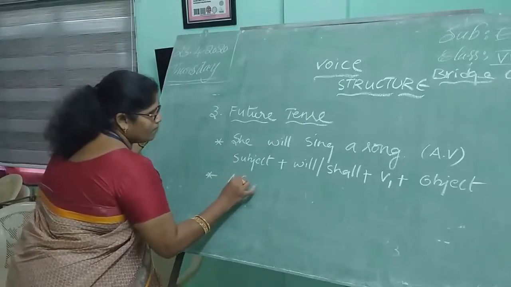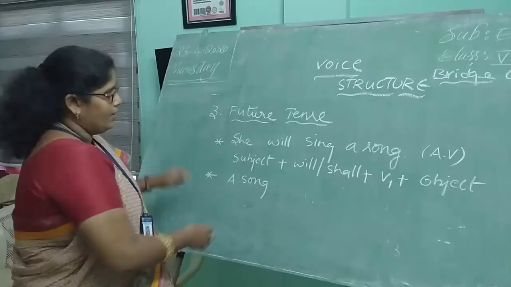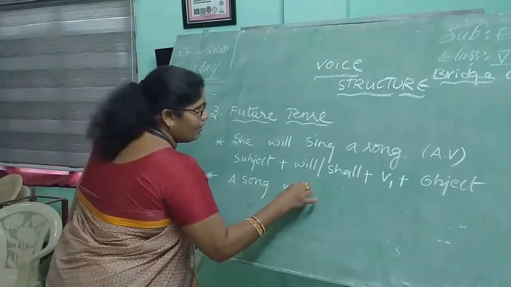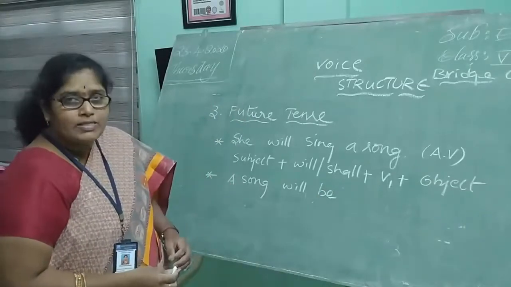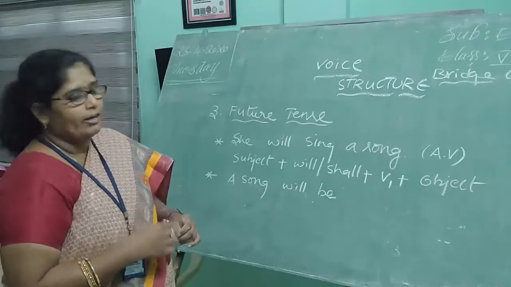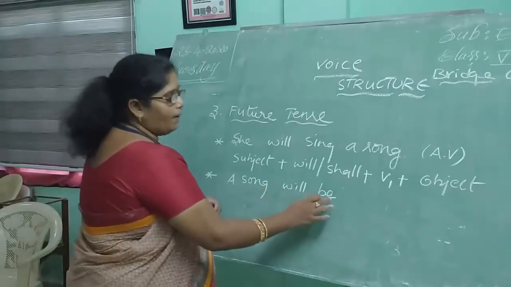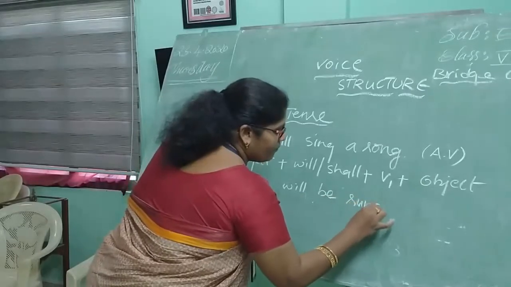A song, as per the rules, object changes into subject. So I am bringing a song, friend. A song will be. In the future tense you have to use will or shall, along with that you have to use be, children. So a song will be, and V3 comes, that is sung.